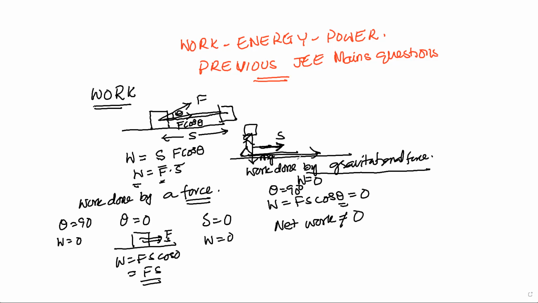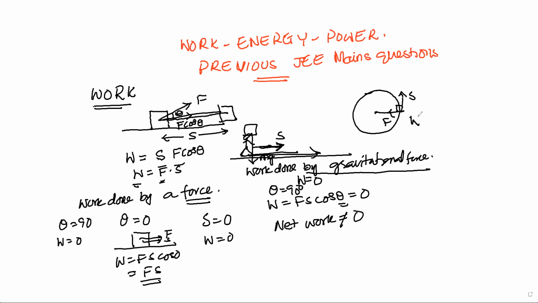If I take one more example, suppose a body is moving along a circular path. Now, what is the work done by the centripetal force? Centripetal force is along this direction, and the displacement is along this direction. The angle between them is 90.